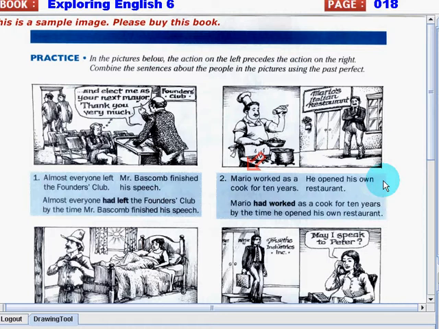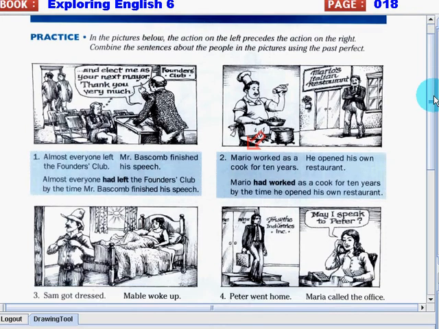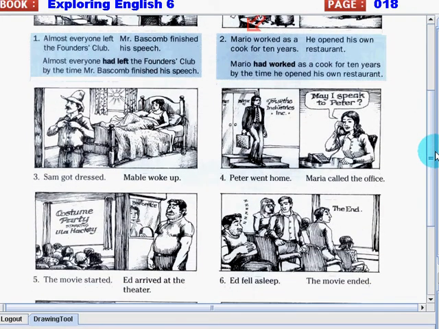He opened his own restaurant. Mario had worked as a cook for 10 years by the time he opened his own restaurant. Number 3. The actions are: Sam got dressed. Mabel woke up.